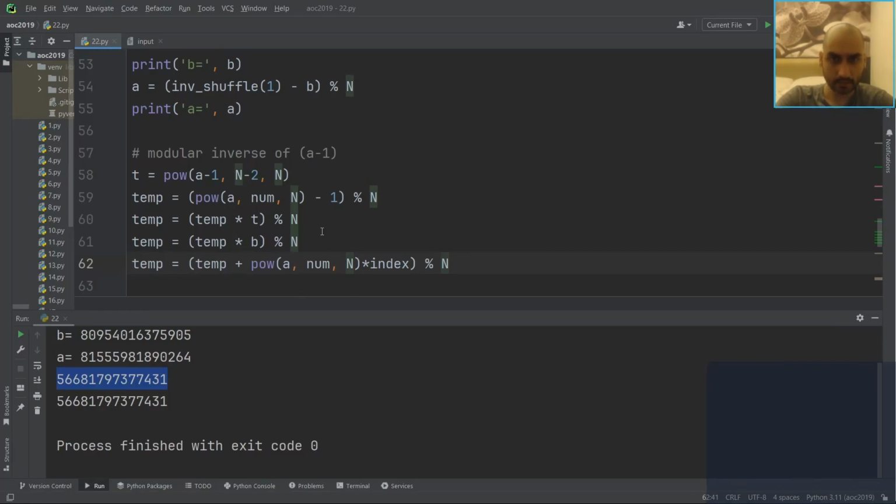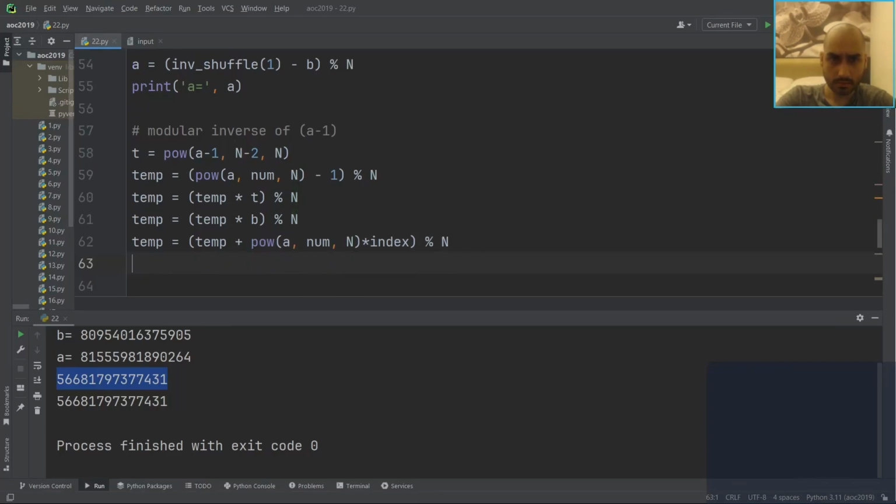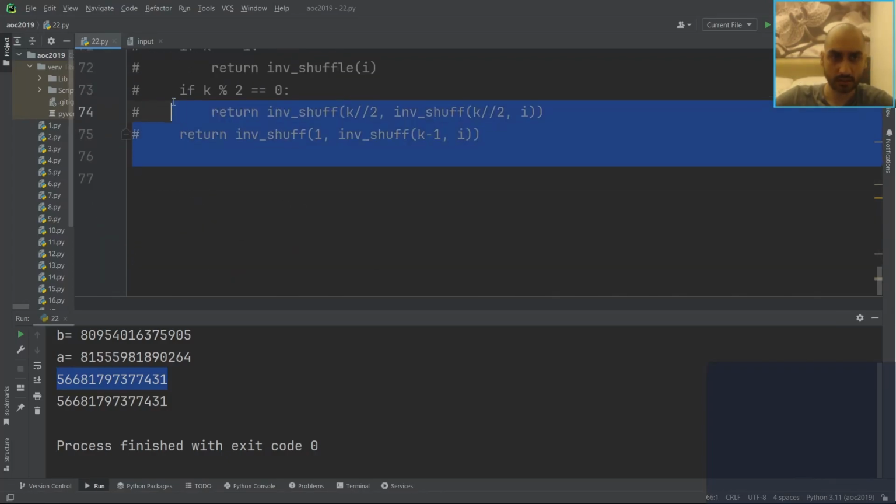Is that it? Print temp. So pow should just do this efficiently.